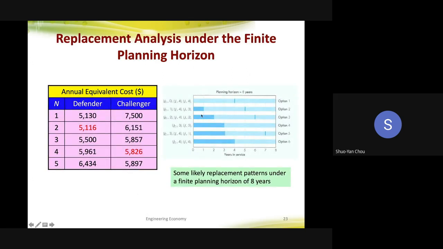Oh, it makes sense because we use the defender for 2 years, which is its economic service life. Then we use the challenger for 4 years. Right? It's also its economic service life. Then we still have 2 more years.